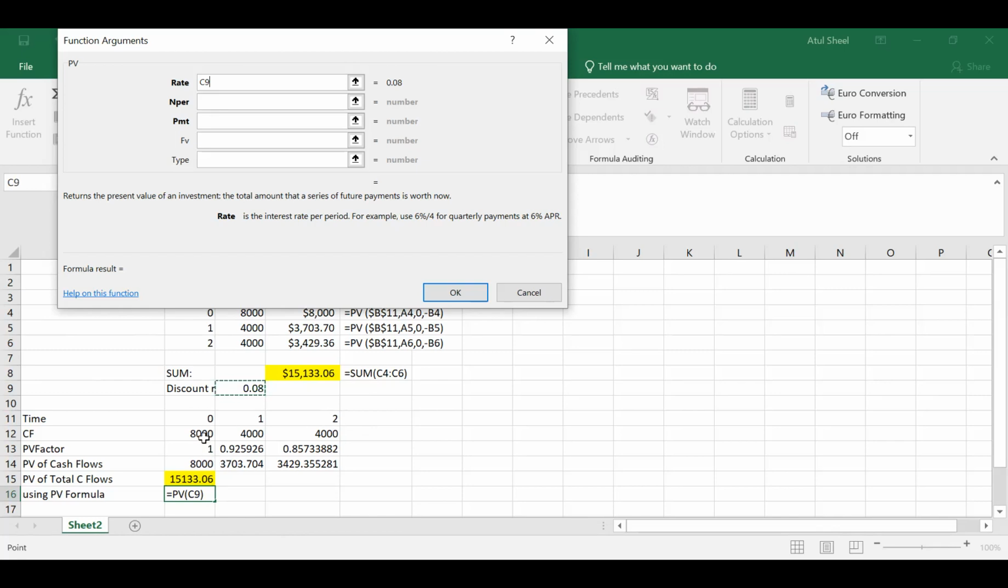See, I'm getting year 1, 8,000, year 0, 8,000, and I'm getting this and this. Now, remember, whenever you use the present value formula, it will always spit a negative number for you because it will think it is a payment. So I am taking the present value of 2. There are 2 future cash flows over here, this and this, right?